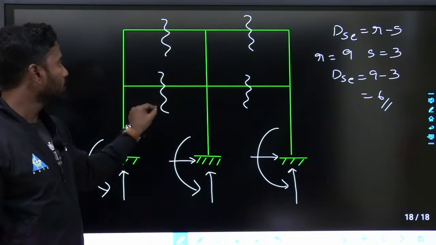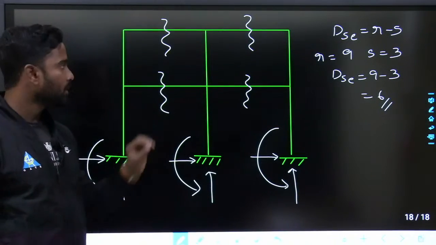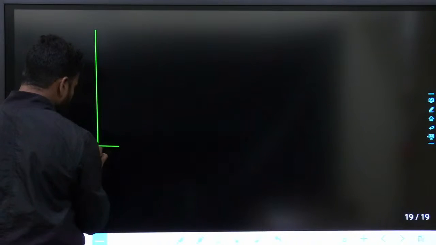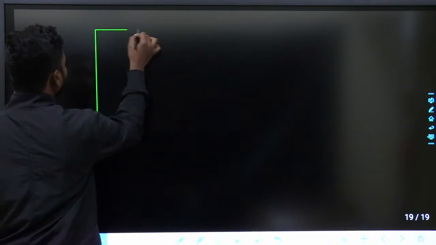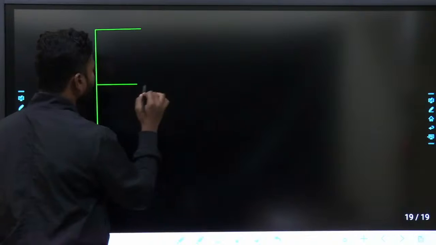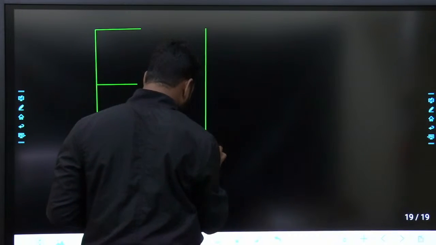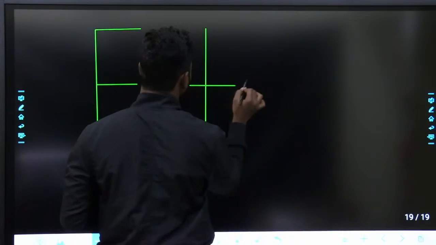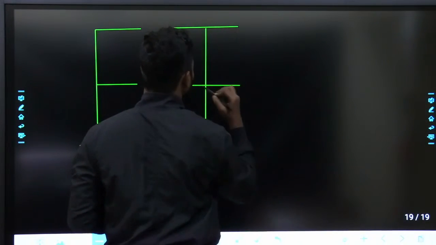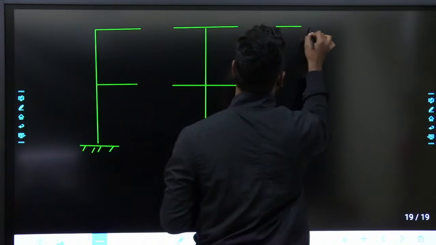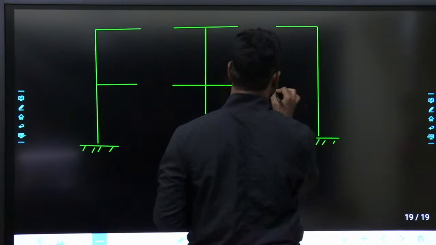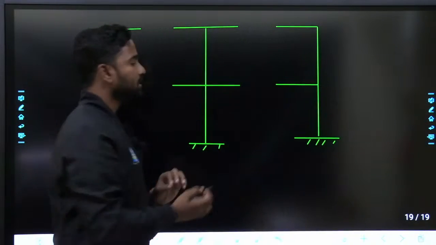So if I provide 1, 2, 3, 4 cuts, these are the number of cuts.